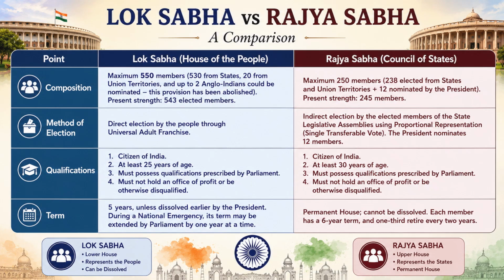Now, what's the difference between state and union territory? I don't want to explain very much in detail about them, but states are bigger in size and the number of people living over there is also more. And in union territories, the area is very small and the number of people living there is very less.